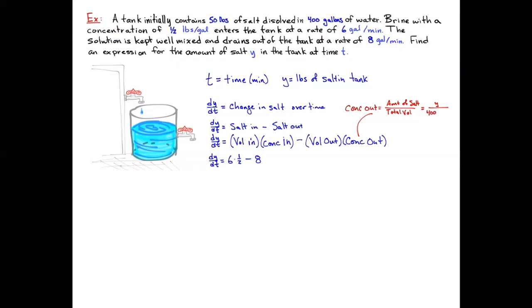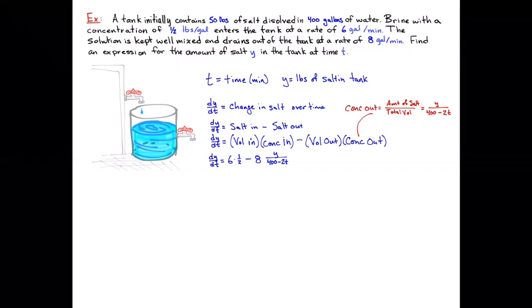But every minute, 6 gallons comes in and 8 gallons goes out. And so after 1 minute, there's only 398 gallons. After 2 minutes, only 396. After t minutes, there's only 400 minus 2t gallons in the system. And so our differential equation becomes 8 times y over 400 minus 2t.